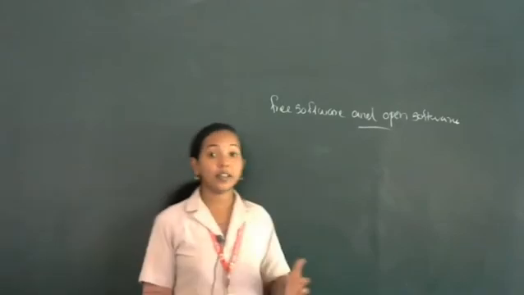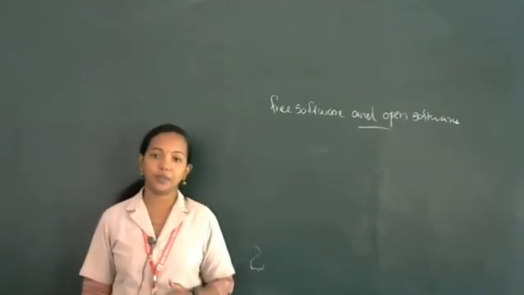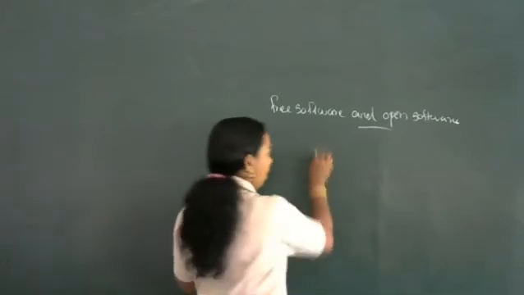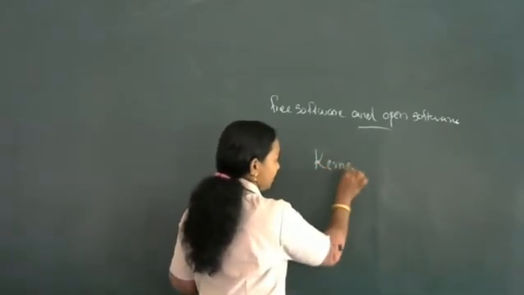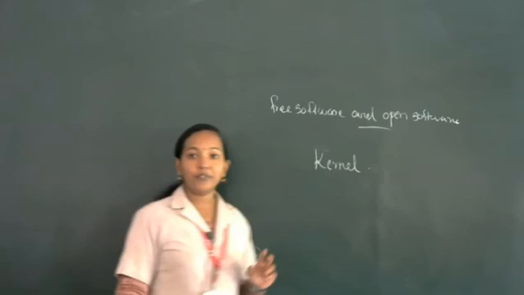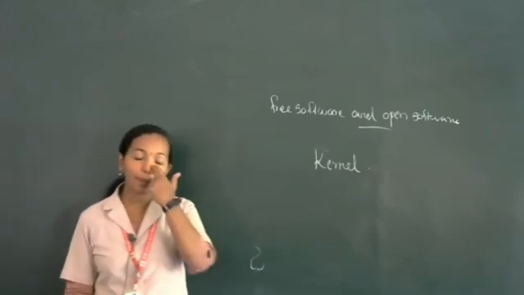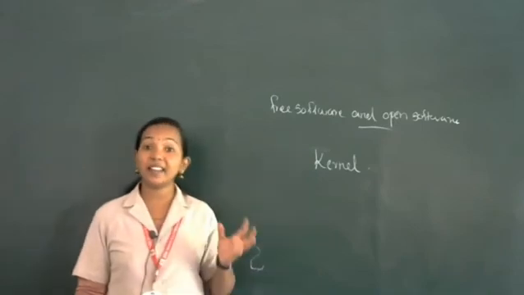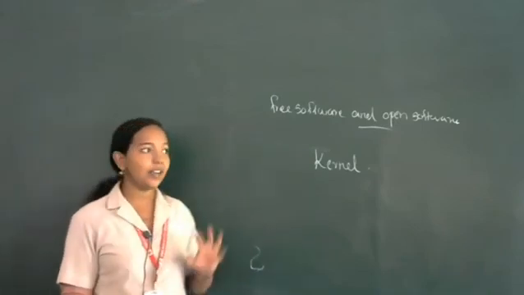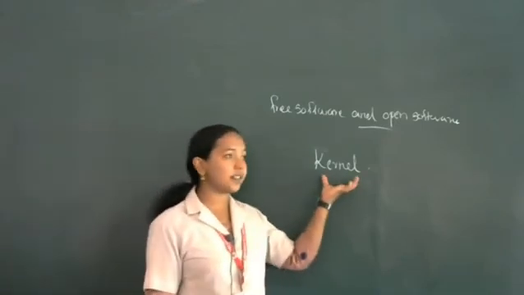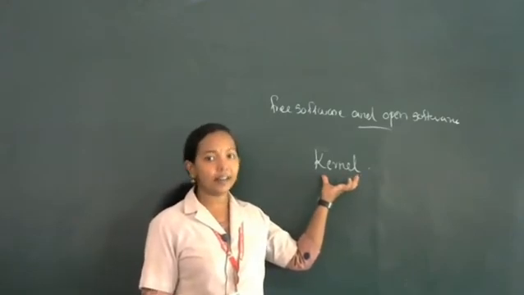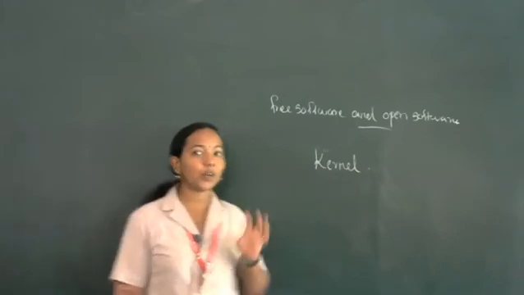Then the second one is open source software. Open source software means there is one term called kernel. We studied about the operating system, which is a system software used to manage the entire system. Every operating system consists of a kernel, the central part, the main part of the operating system.